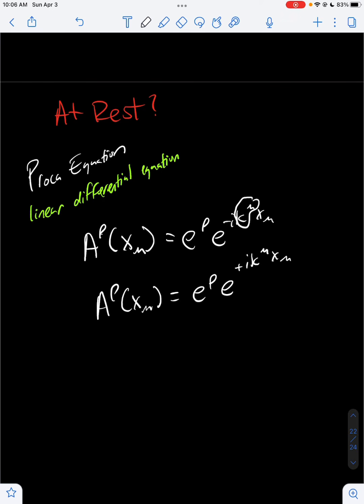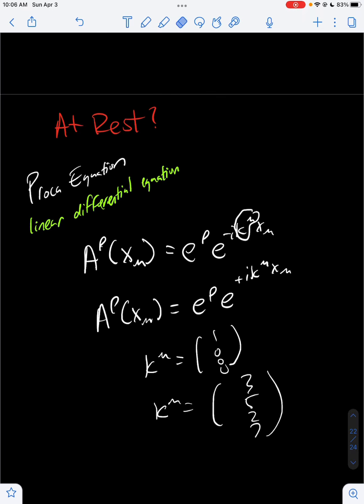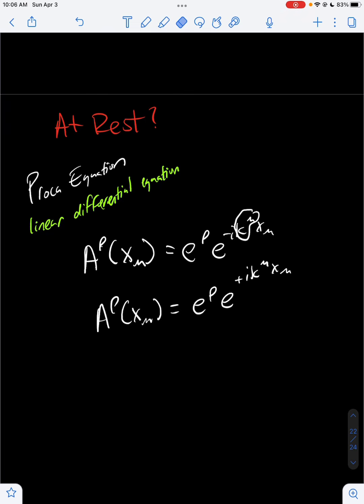For example, we can have k mu equals, say, 1 0 0 0, or k mu can be equal to 3 5 2 7. And of all these values of k mu, as long as it obeys E equals mc squared, right? So you can sum over k, and since k is continuous, this means that the sum becomes an integral.